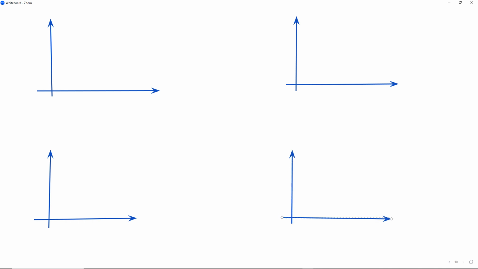If I've got the first graph, which is a cubic function, and I've got some point over here, let's call it A, then I can see that it's continuous at x equals A.